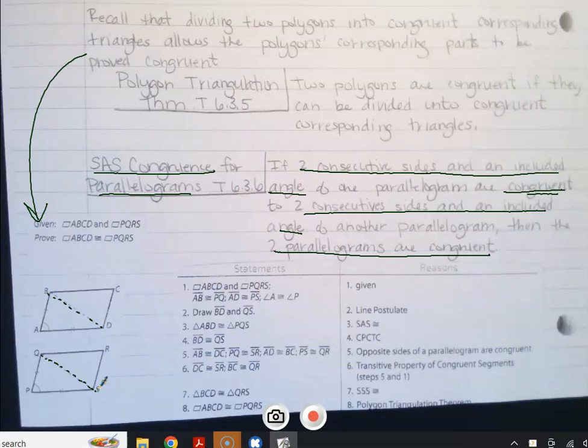On this one, we had the two parallelograms given. And so they went ahead and put the sides were congruent, and the angle P were congruent, even though that wasn't given. That's interesting that they listed it as given. They didn't write any sides were parallel.